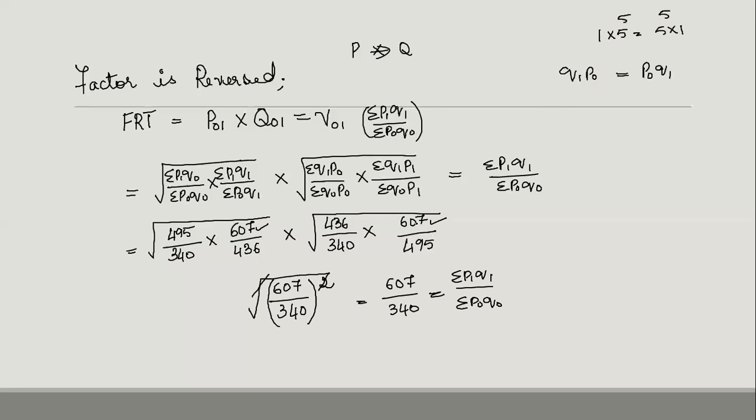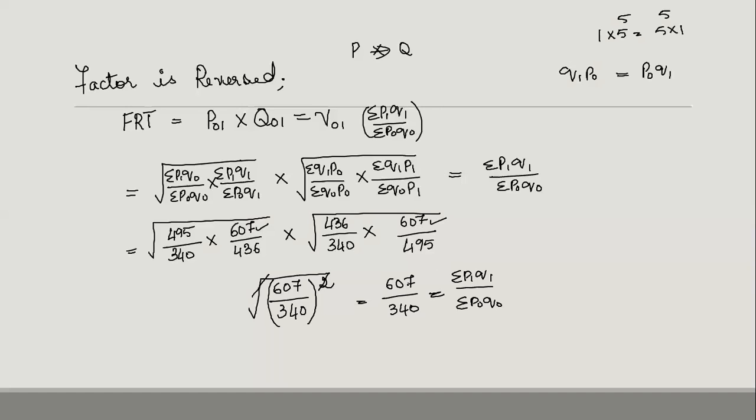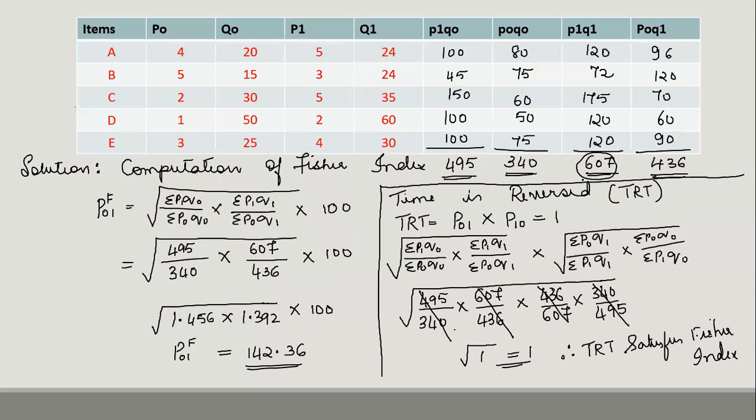So you got 607. I will show you here itself. Look at 607. What is the value that is mentioned here? P1 Q1, that is 607. And 340 is summation P0 Q0.